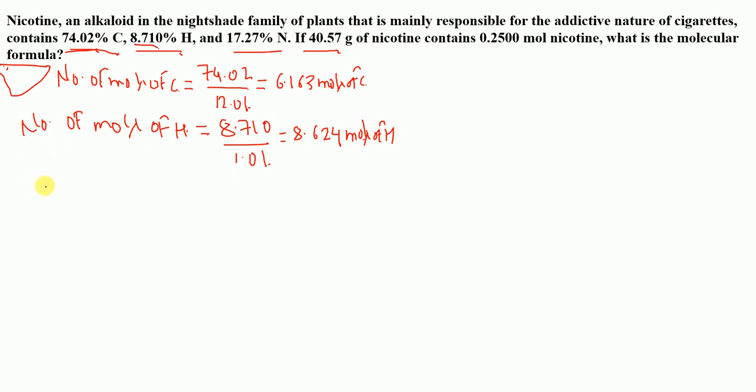And finally, what we need to determine is the number of moles of nitrogen. That will be equal to weight in gram, so that means 17.27 gram, divided by the atomic mass of nitrogen from the periodic table, which we know is 14.01.